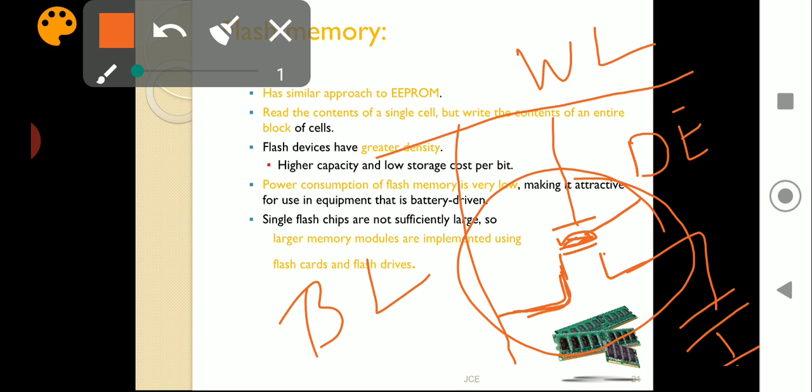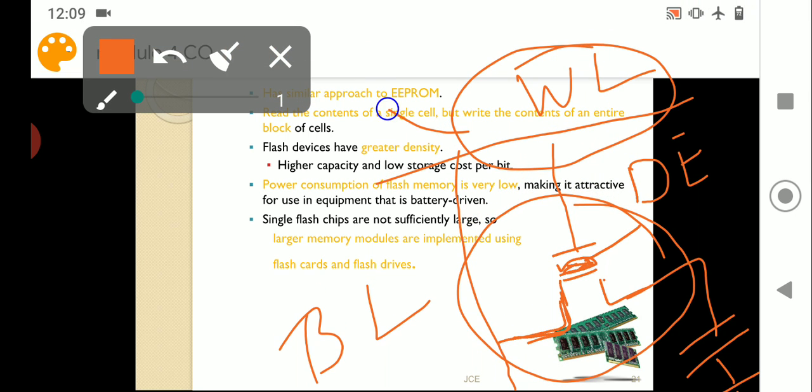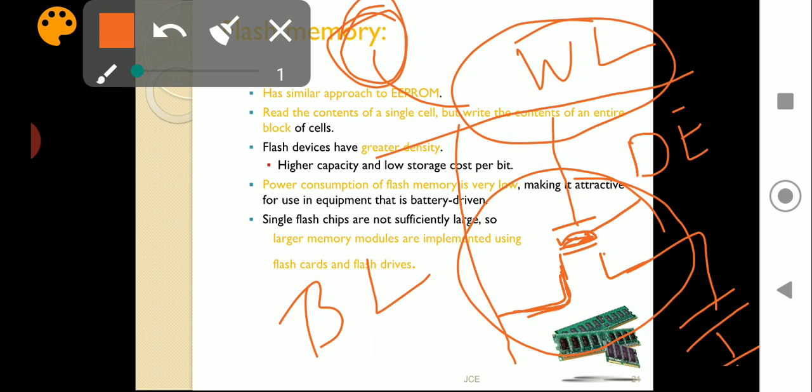Whatever the dielectric material is there, it is preventing the current through the word line, thereby we get a logic 0. Okay. Now, what will happen when the dielectric material is not charged? Then the current will flow from the bit line to the word line, and we will get a logic 1.